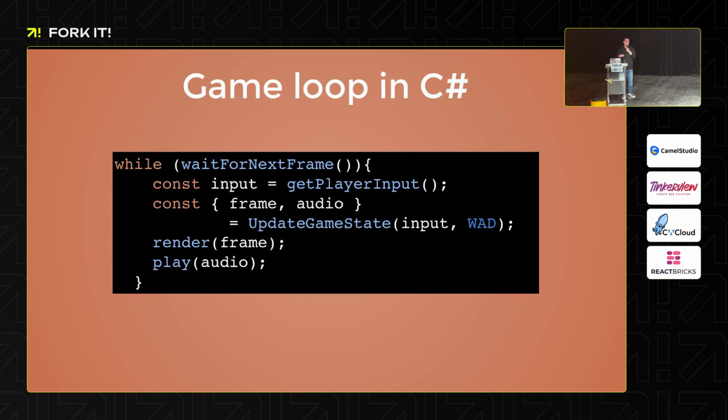All this game state logic is updated after getting the input. And this allows to generate a frame and the audio to play for that frame. And then it's just the rendering of the frame and playing of audio to have the image and hear what's happening in the game.